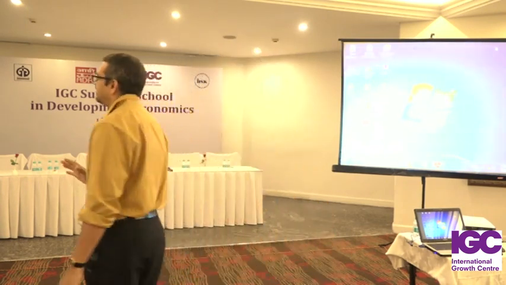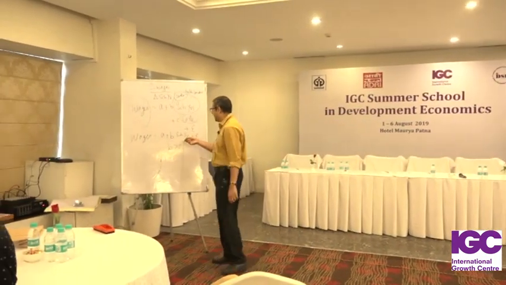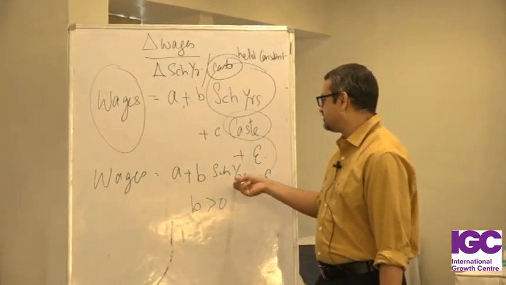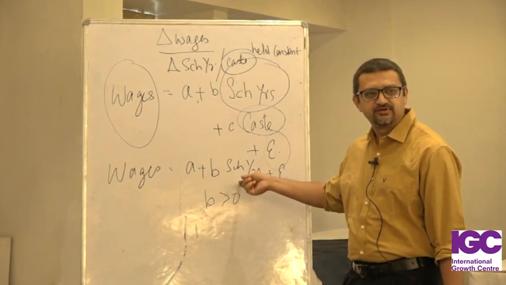Okay? Now we have used the word control, ceteris paribus, all that. How does the regression do that? So here the underlying assumption is, higher years of education and higher wages, let's say there's a positive association. It's not purely because of school years.